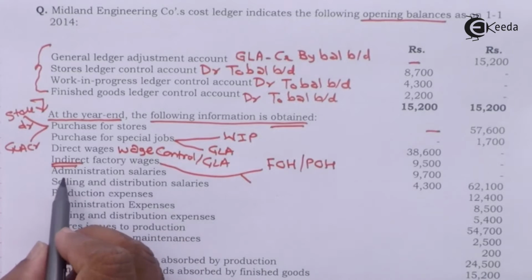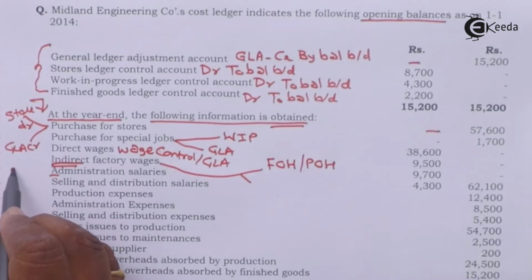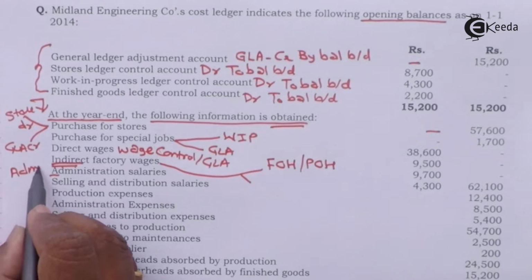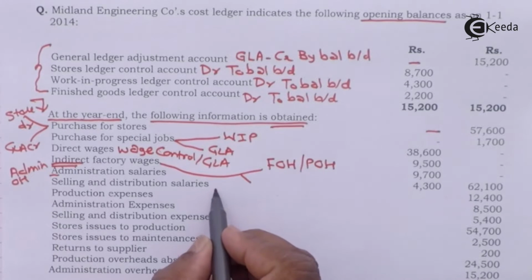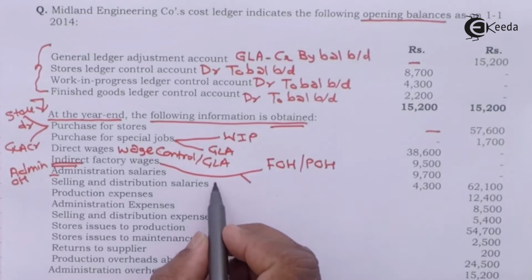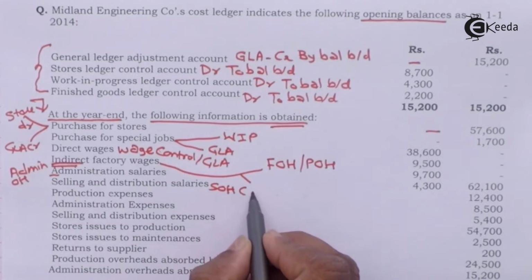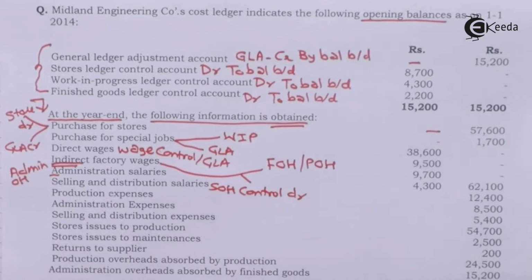Administrative salaries, it will be recorded in administration overheads control account. Selling and distribution salaries, selling overheads control debit. It will have second effect in GLA.